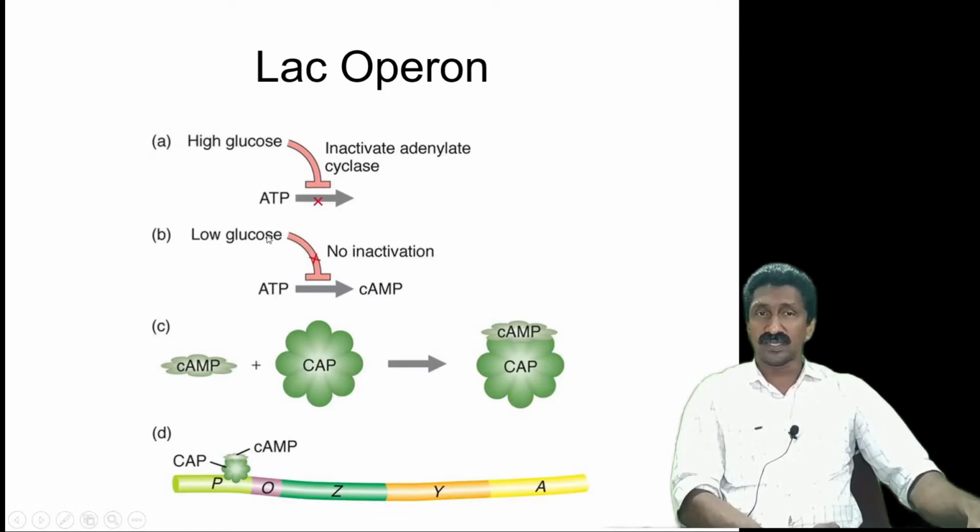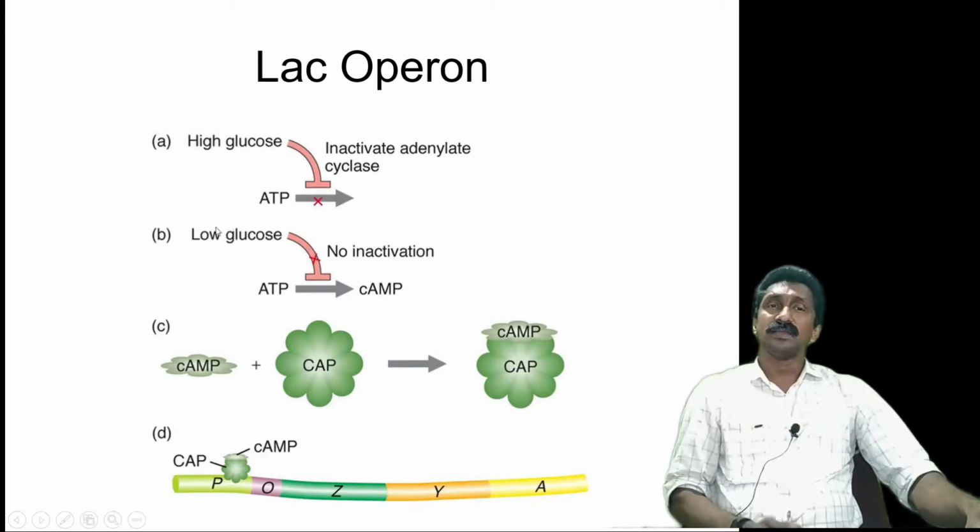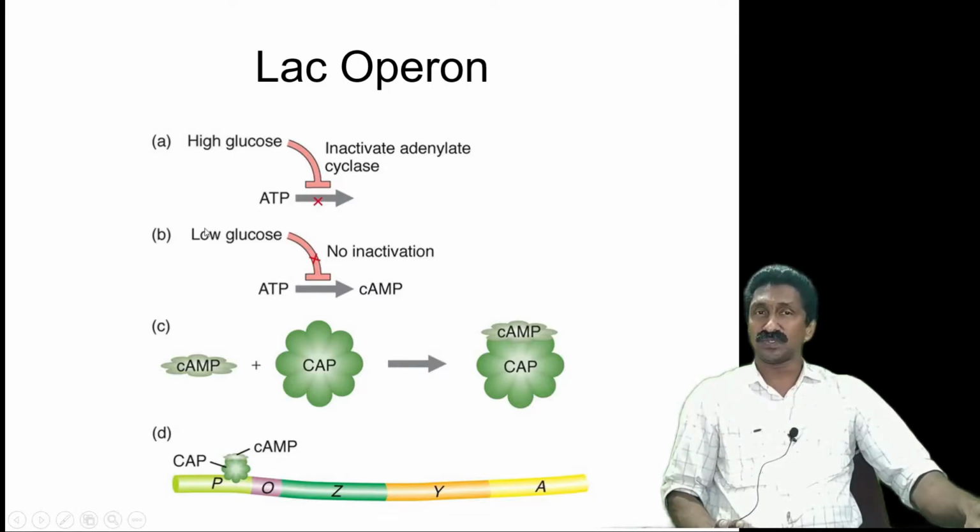At a low glucose level, there is no inactivation, so the ATP to cAMP conversion occurs. So the presence of cyclic AMP indicates low glucose level. Absence of cyclic AMP indicates high glucose level.